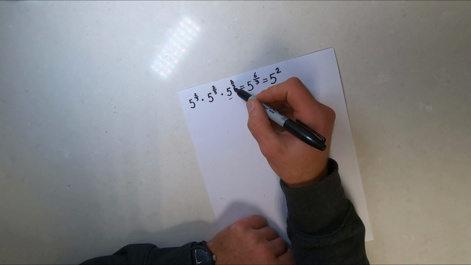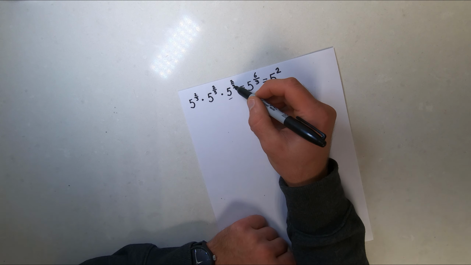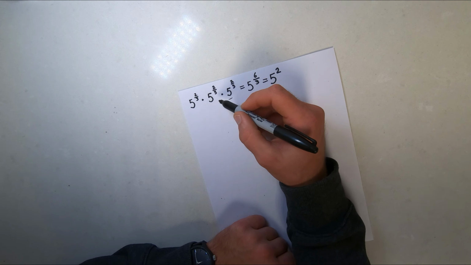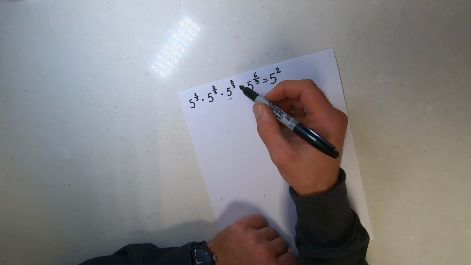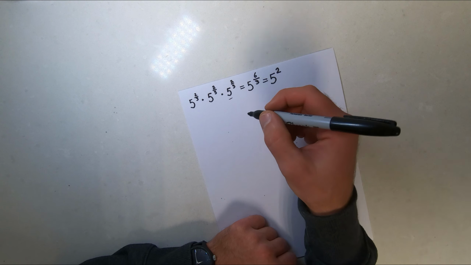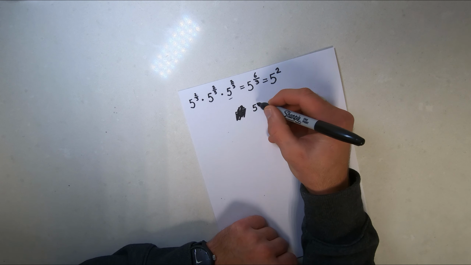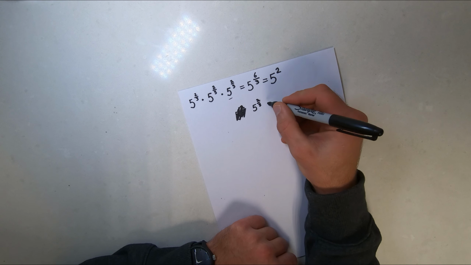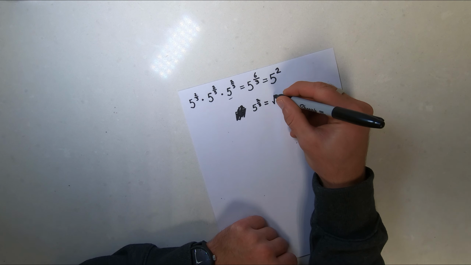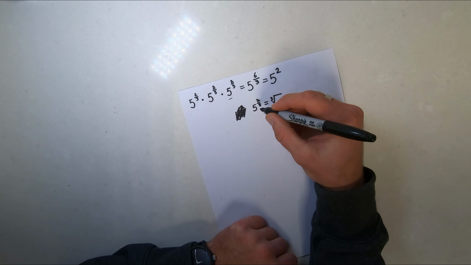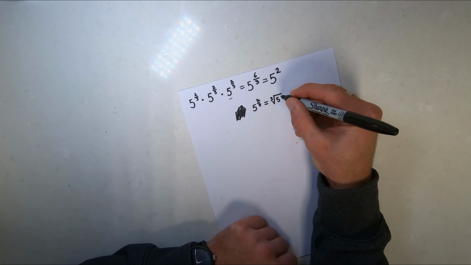The 3 goes away because taking the root of something and then multiplying it 3 times, which is the same as cubing, is cancelled. So we're just left with 5 squared, which means that 5 to the 2/3 power is equal to the cube root of 5 to the second power.